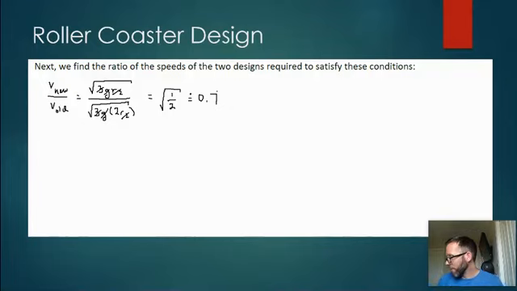So what this means, if I can write this another way, is that the new speed is 0.7 times the old speed, or 70% of the old speed.